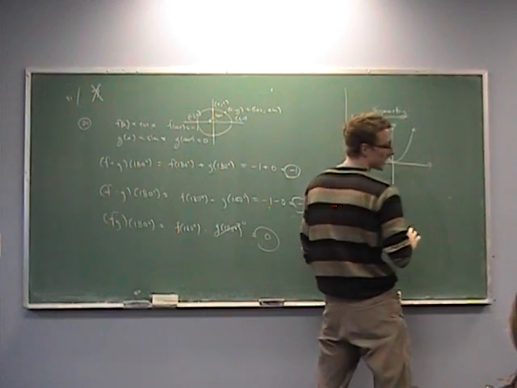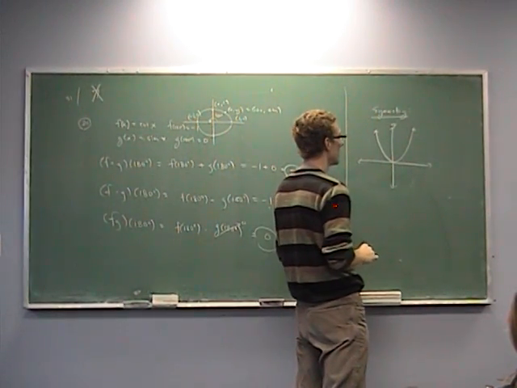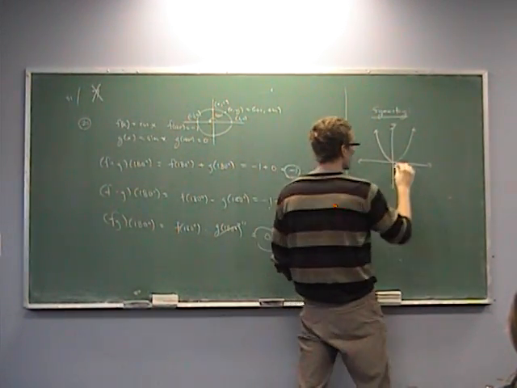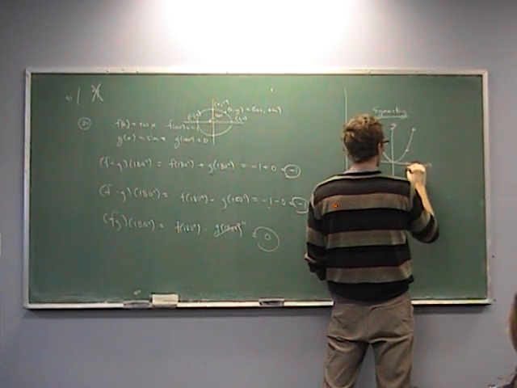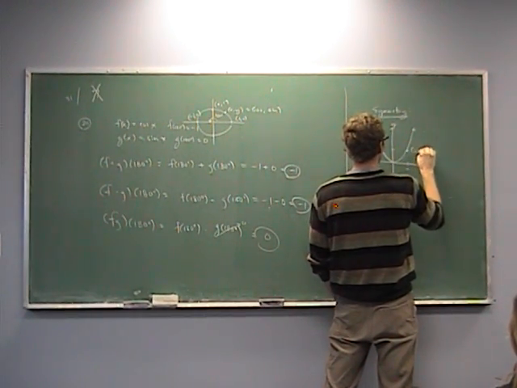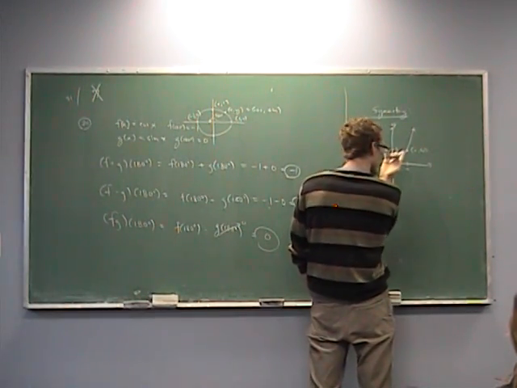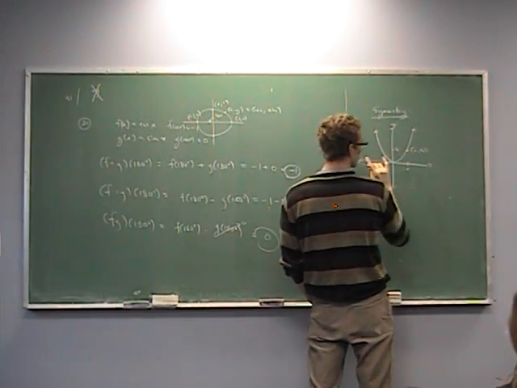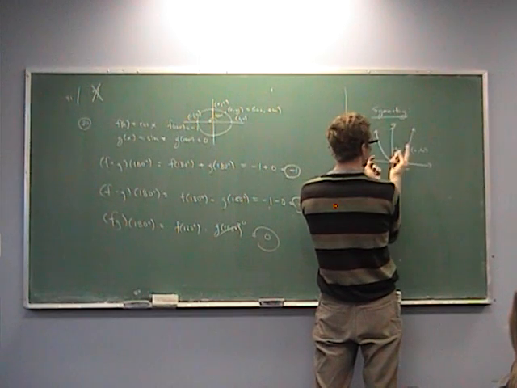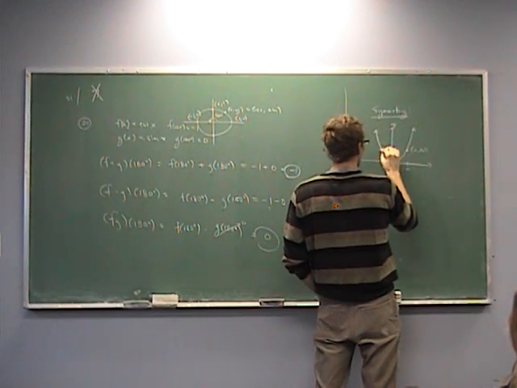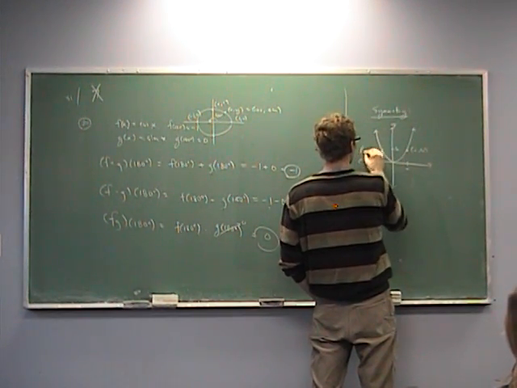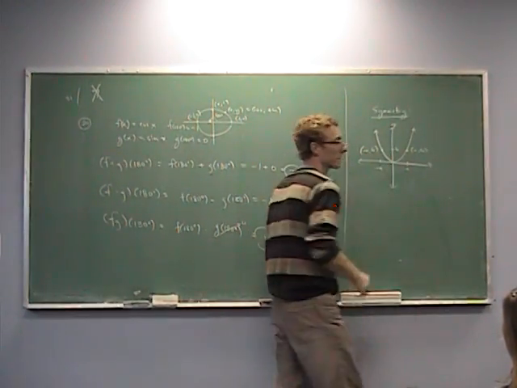Like in this case, this guy's symmetric about the y-axis. The uniqueness of him is that while there may be a point over here at A comma B, when I flip him about the y-axis, he's going to look exactly the same. So this guy over here has got to be -A comma B.